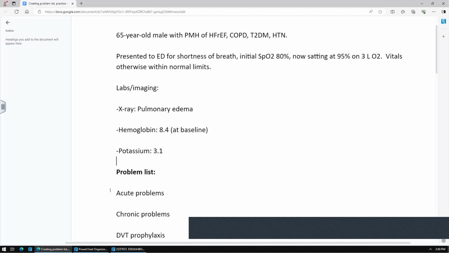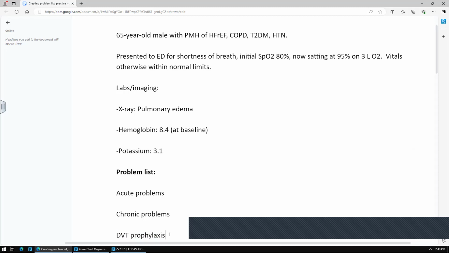So you put the acute problems first, and then the chronic problems, and then not all the attendings do this, but most of us will put in prophylactic measures, and we address DVT prophylaxis as a problem, just so we don't miss it.